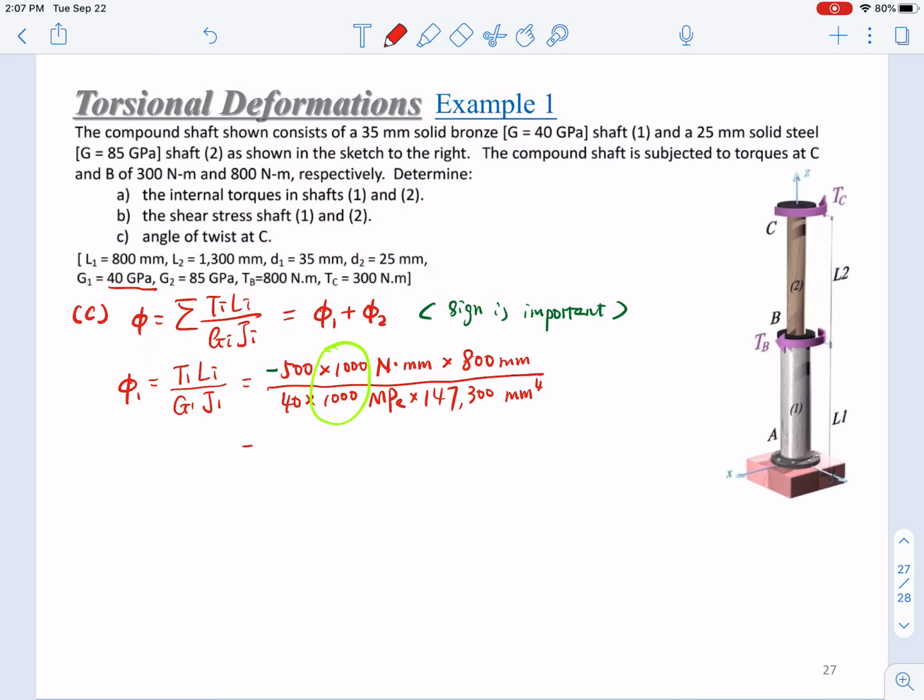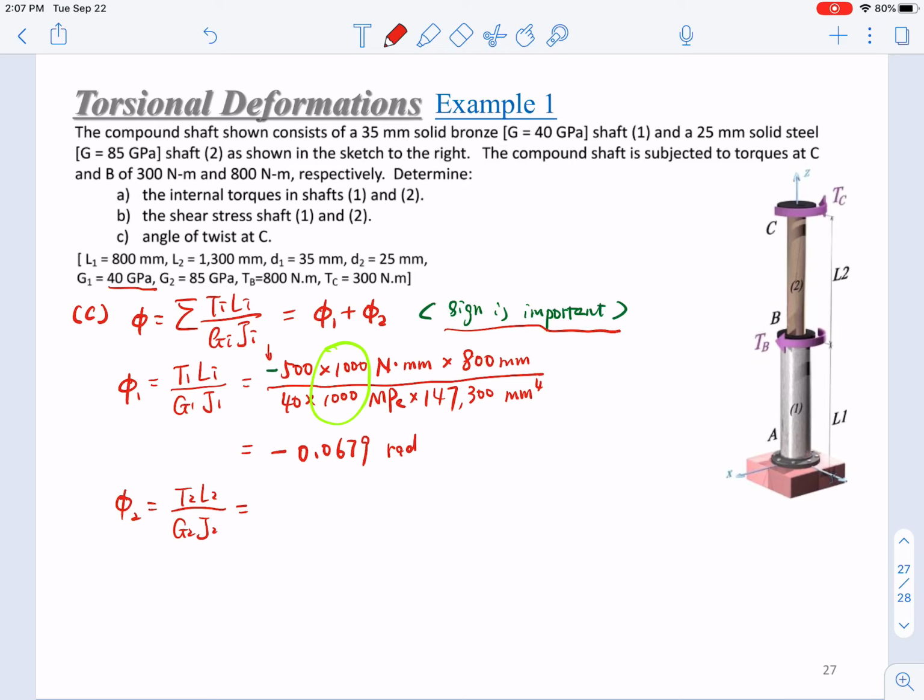So here the result will be negative. This is important: sign is important. So phi 1 equals negative 0.0679 radian. In the same way, we can calculate phi 2, that is T2 L2 over G2 J2.